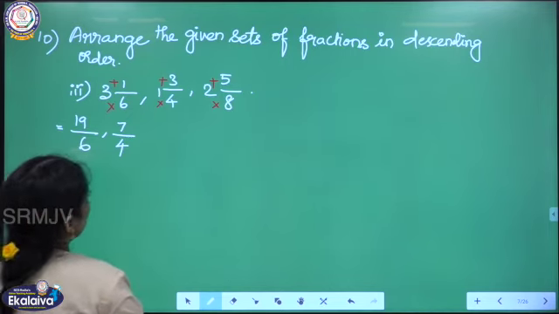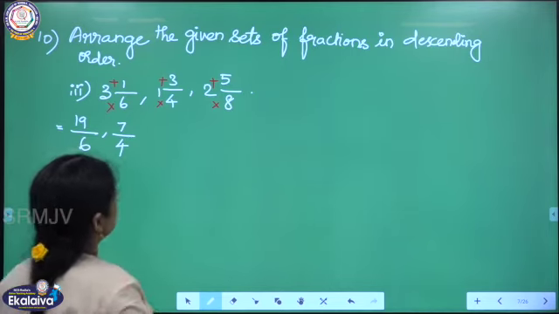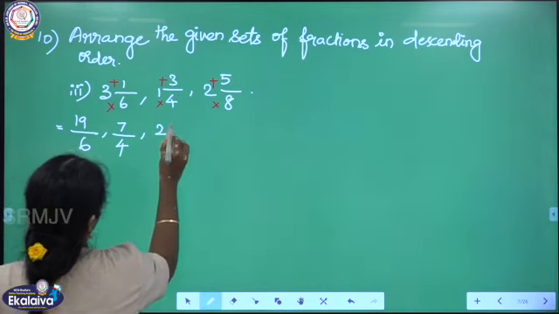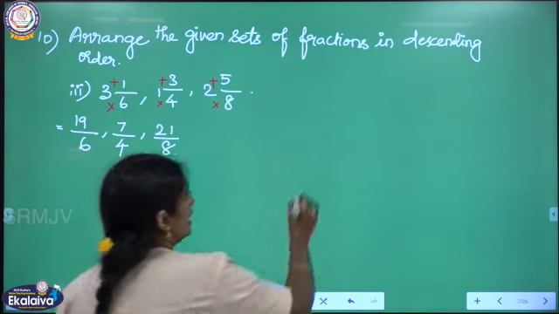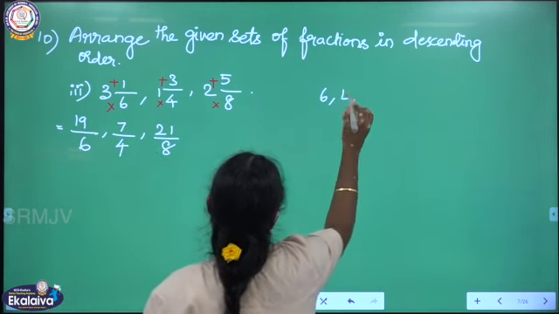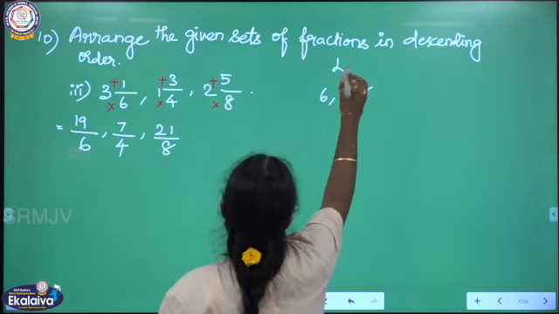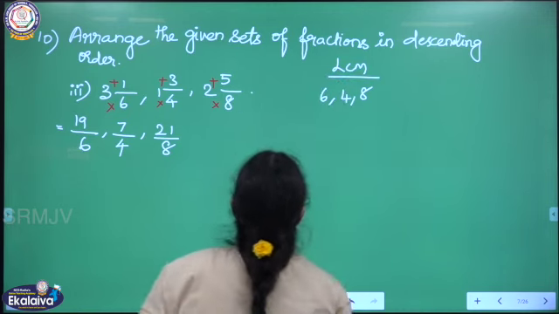Next, 8 2s are 16. 16 plus 5 is 21 by 8. Children, take the LCM for this: 6, 4, 8.